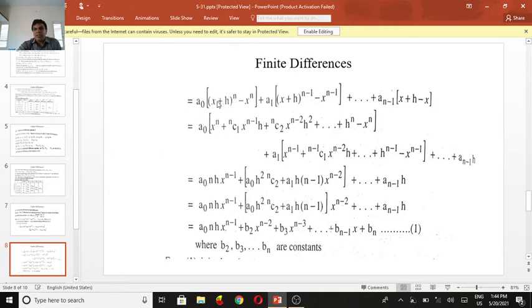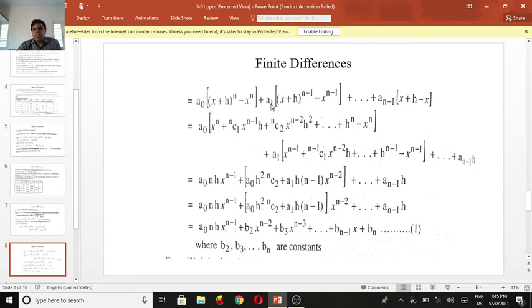So we expand that. We take the coefficients a naught, a1, a2, a3, etc. a n minus 1 outside. So we have a naught of x plus h whole power n minus x power n, plus a1 of x plus h whole power n minus 1 minus x power n minus 1, plus etc. a n minus 1 of x plus h minus x. That is, we can write a naught. If you expand this by the binomial expansion, x plus h whole power n, we get x power n plus nC1 x power n minus 1 h plus nC2 x power n minus 2 h square plus etc. h power n, minus x power n.